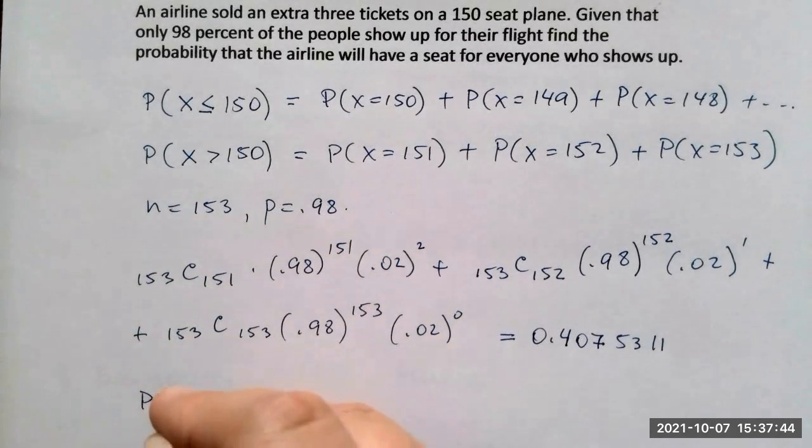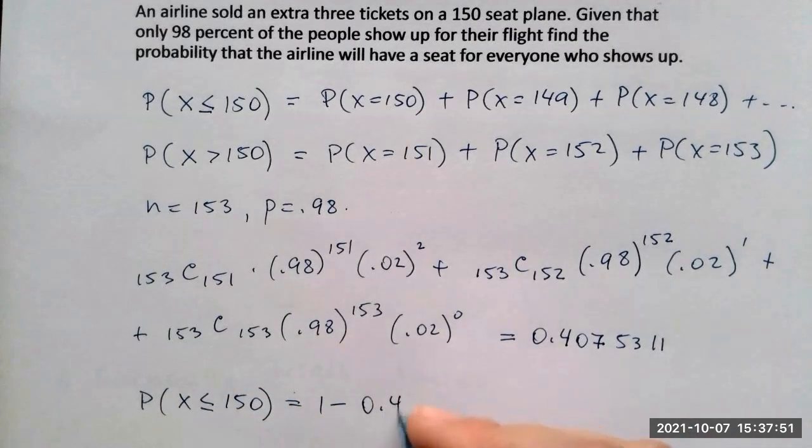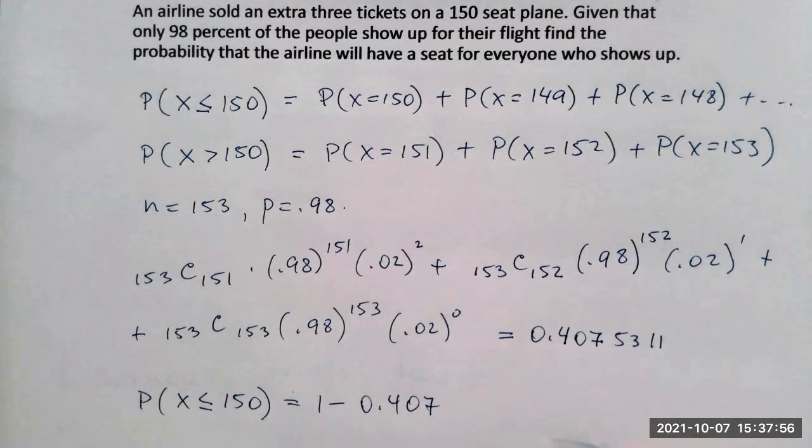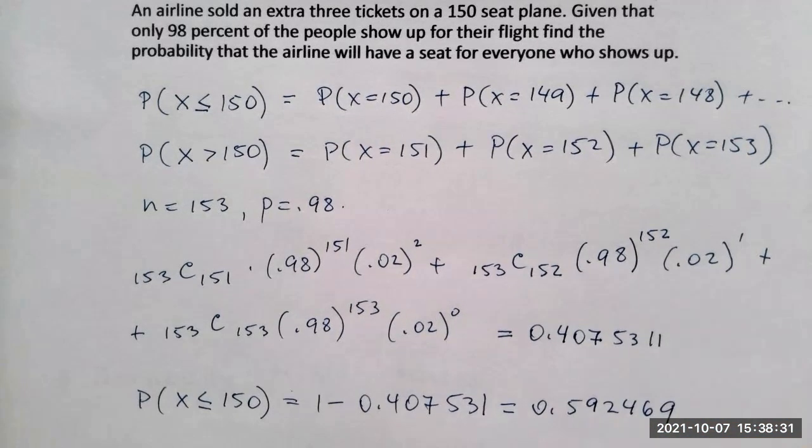So the probability that 150 or fewer people show up will be 1 minus 0.407531, and that is 0.592469. Okay, guys, this is it for this problem. If you have any questions, let me know during our lecture.